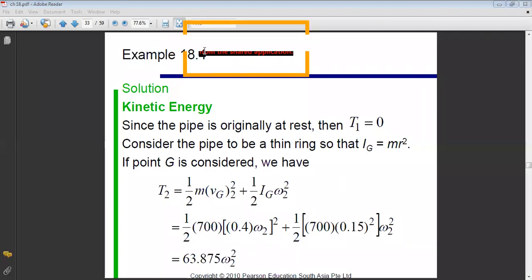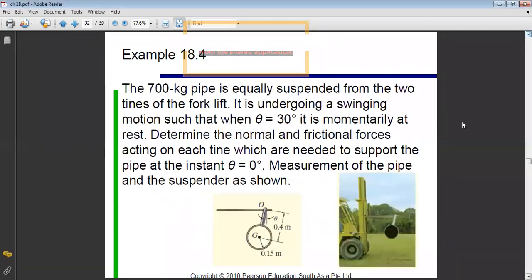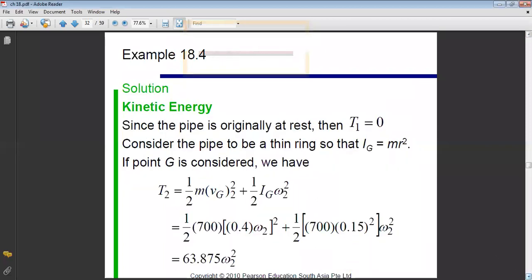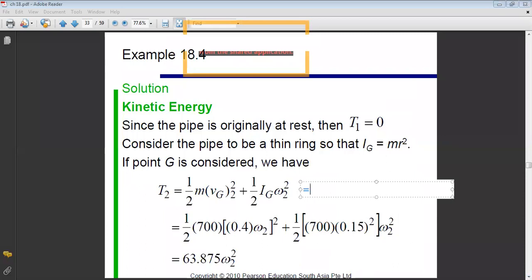So you can say T2 equals half m vG square plus half IG omega square, or, because I have rotation about a fixed point, and the fixed point is O, I can write that it's equal to half IO omega 2 square. And to find IO, what should we do? We use the parallel axis theorem. Okay, so both are right.